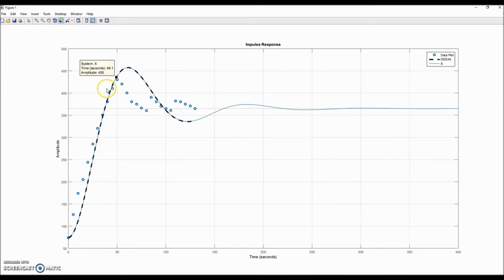And you can see our max temperature is about 435 degrees Fahrenheit, and time response is about 49 seconds. And this actually ends up being about 8.78 degrees Fahrenheit per second for the rate of time response.